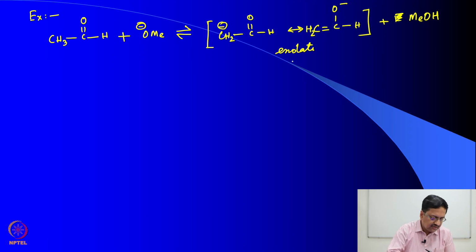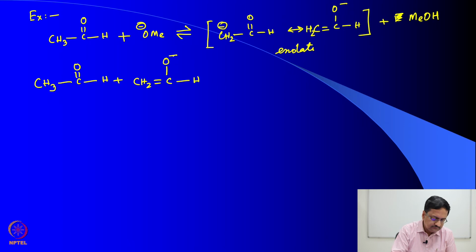Then this enolate ion reacts with one more molecule of acetaldehyde as shown in the previous slide.